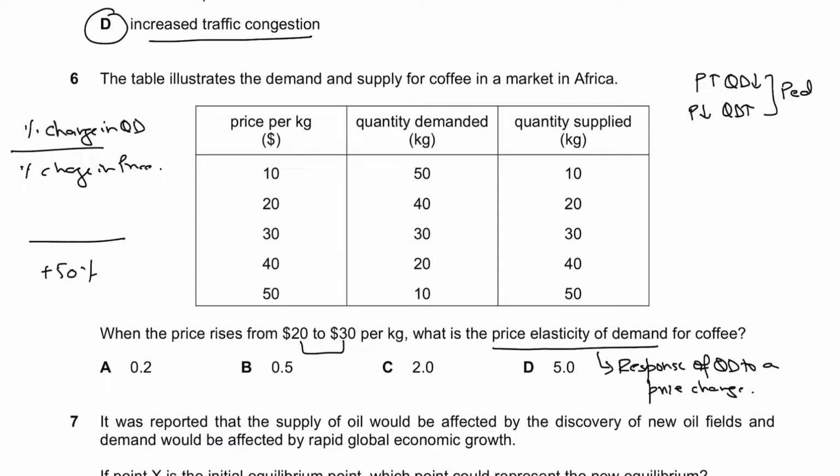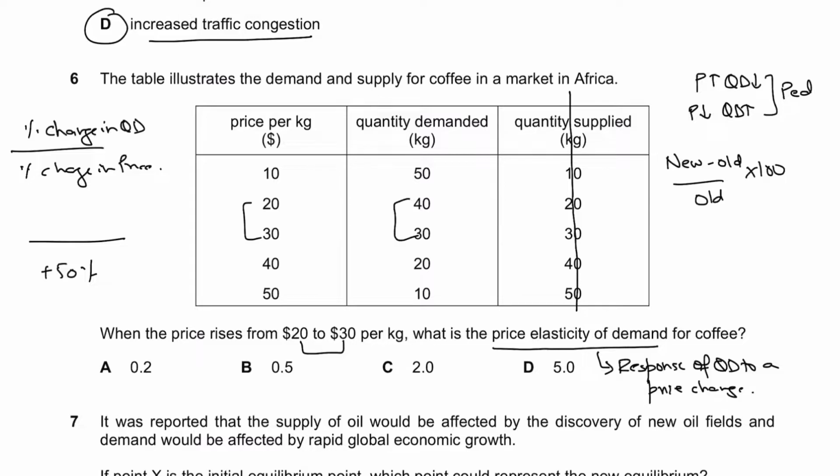And let's see, whenever the price rises from 20 to 30, what happens to quantity demanded? The quantity supplied column is irrelevant for this question. So we can clearly see that quantity demanded is falling from 40 to 30. And if you want to calculate the percentage change for anything, the simple formula is new minus old divided by old times 100.